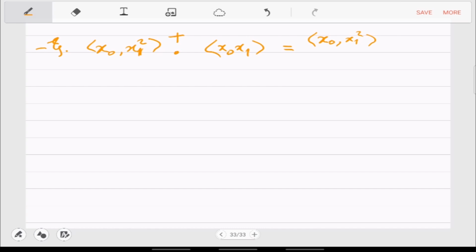If you multiply them, so the product ideal, you have to multiply all the generators in every possible way. That will give you quadratic and cubic, no, cubic and biquadratic. So x0, x square, x1. And what is the intersection? The intersection is x0, x1.